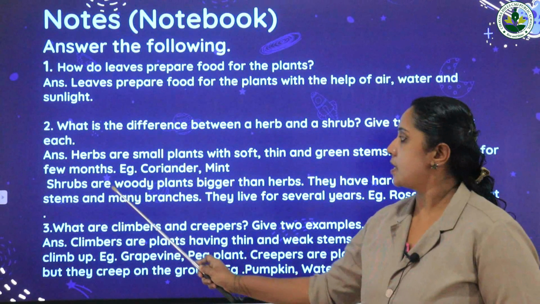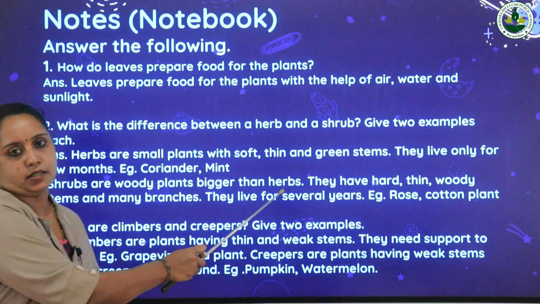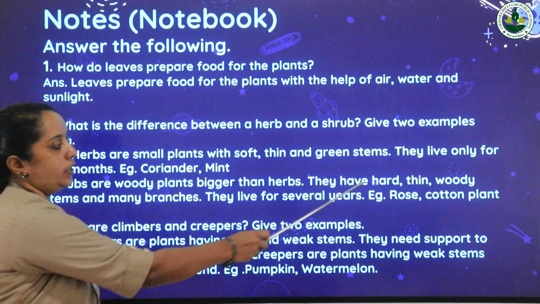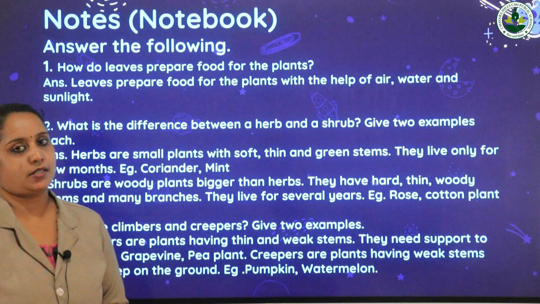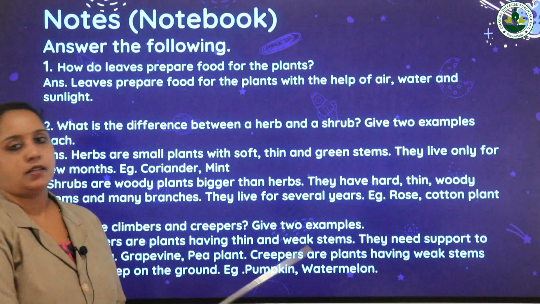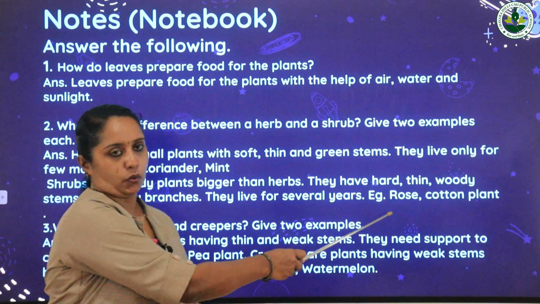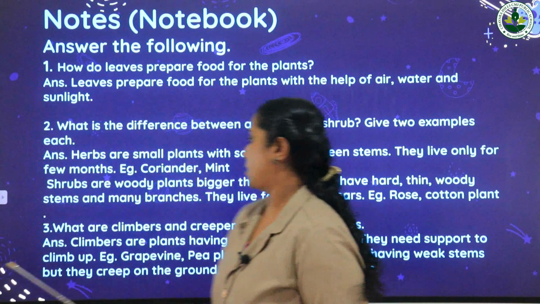Now what are shrubs? Shrubs are woody plants bigger than herbs. They have hard, thin, woody stems and many branches. They live for several years. Now, which are the examples? Rose and cotton plants.